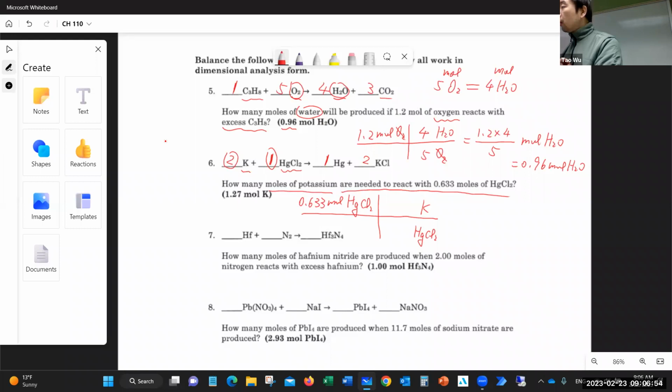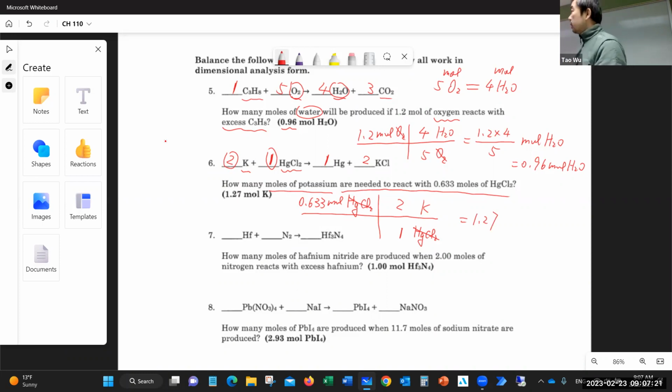Then if you look at the coefficient, in front of mercury is 1, so you put a 1 over here. In front of potassium is 2, so you put a 2 over here. So mercury canceled. That's why you will know this equation is just 0.633 times 2 divided by 1, right? And so the answer will be 1.27.